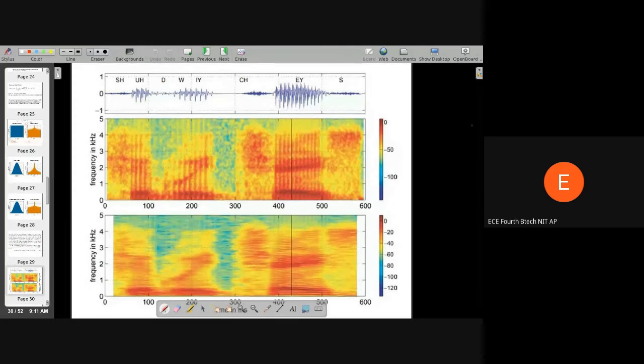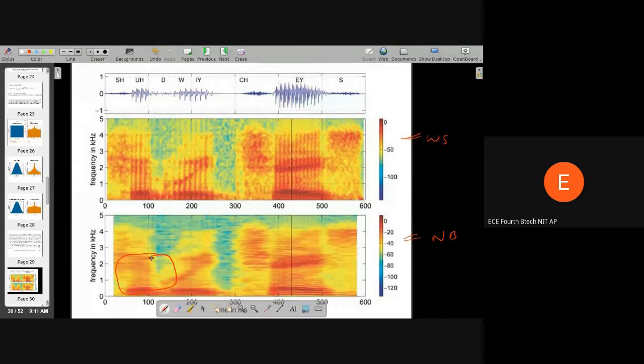So going from that, we discussed that this is a wide band spectrogram, this is a narrow band spectrogram. Narrow band spectrogram has horizontal striations. Last time when I was speaking, even though I was showing you horizontal with my pen, I was saying vertical.